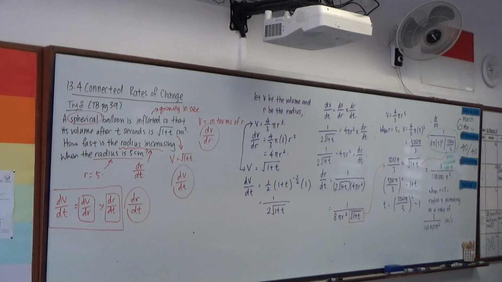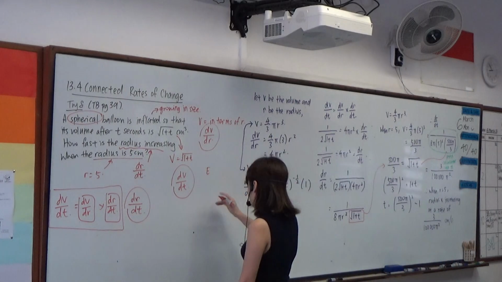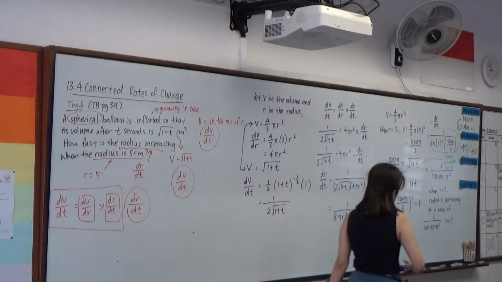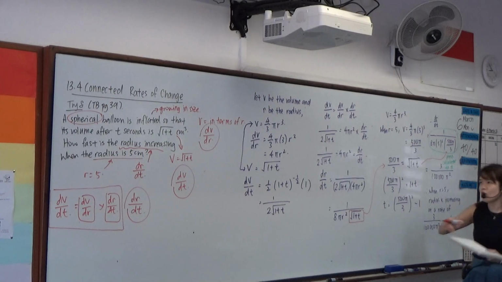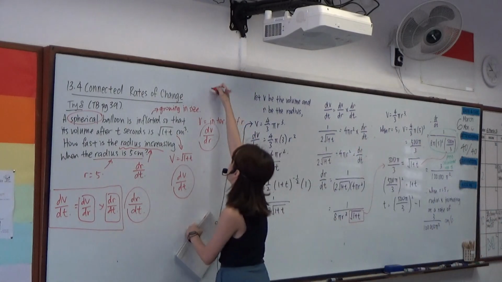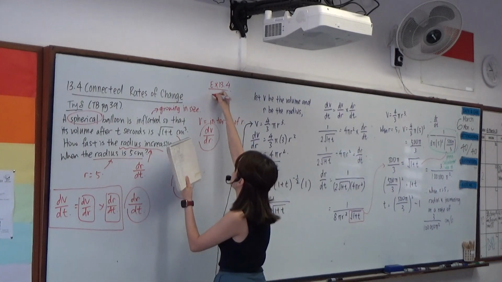Let me break this topic down into smaller bits. I want you to go back home and do it on foolscap paper. Exercise 13.4, just go home and try and consolidate today's learning. Exercise 13.4, questions 3 and 4.